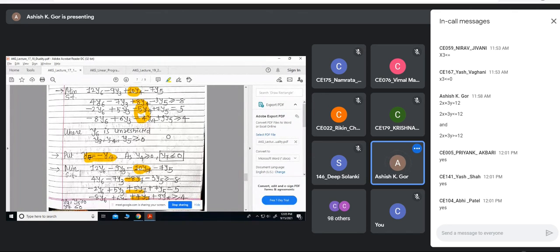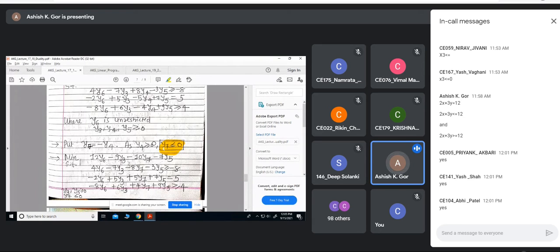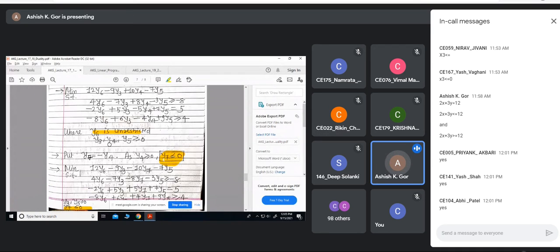Since y4 is positive, the negative of y4 will be negative, so y7 will be less than 0. You will quickly know why I am doing it like this. y6 is unrestricted, y7 is less than or equal to 0, and y3 and y5 are still non-negative. So hence I get this.